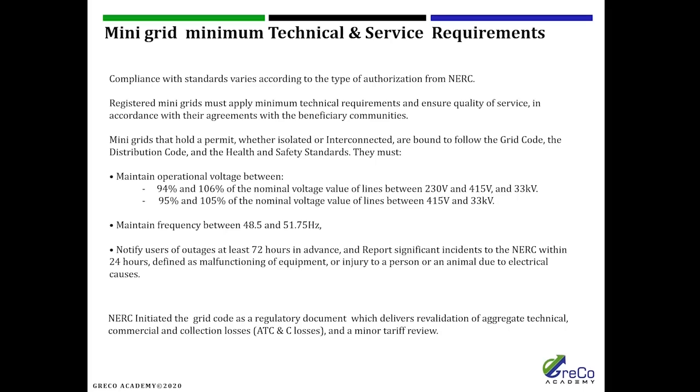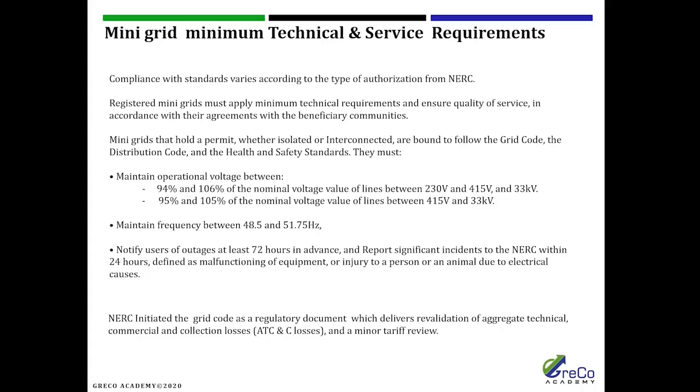One of such is that they must maintain operational voltage of between 94 and 106% of nominal voltage value of line between 230 volts and 415 volts. The other operational voltage is that it has to be maintained between 95% and 105% if eventually the nominal voltage is between 415 volts and 33 kV.